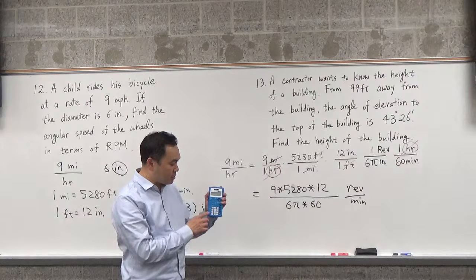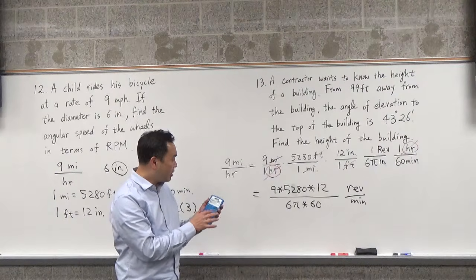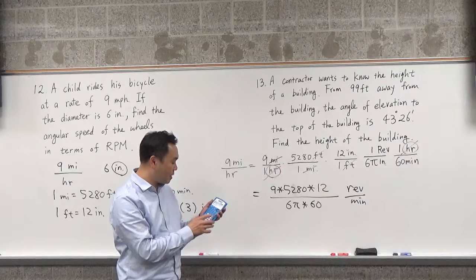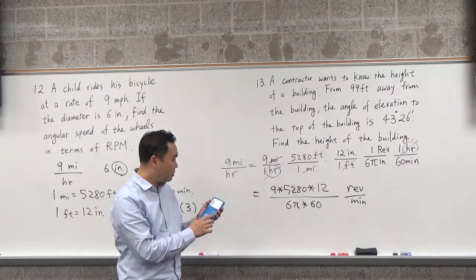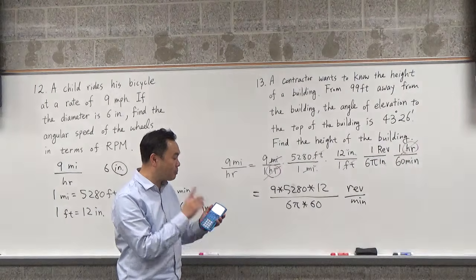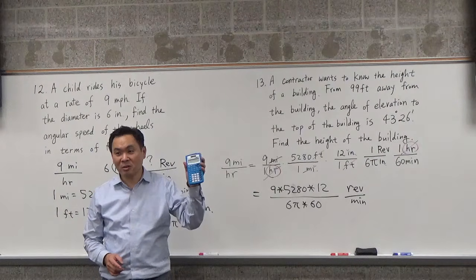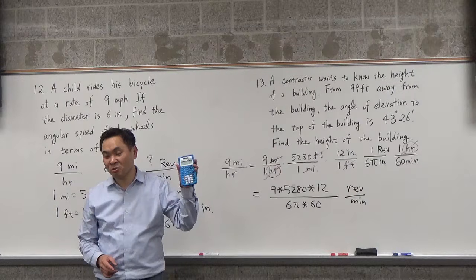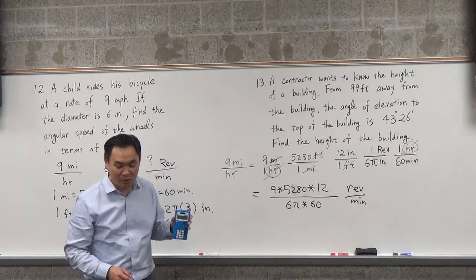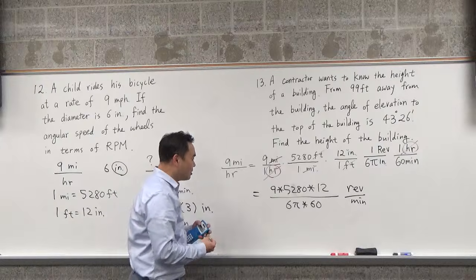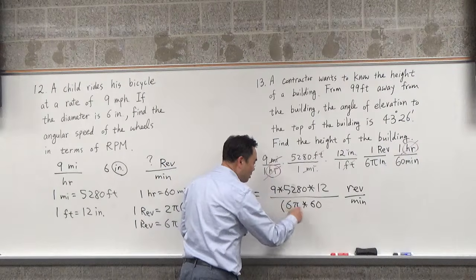On calculators like this, you can simply enter what you see, 9 times 5280 times 12, and then divide. But there's more ways to get the wrong answer with these kinds of calculators, which support parentheses, because a lot of you will forget to put a parenthesis around here.